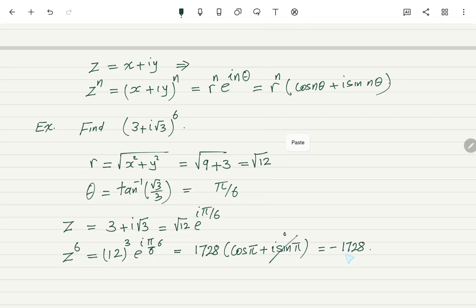Therefore, the real part for z to the power 6 is minus 1728, and the imaginary part for z to the power 6 equals 0.